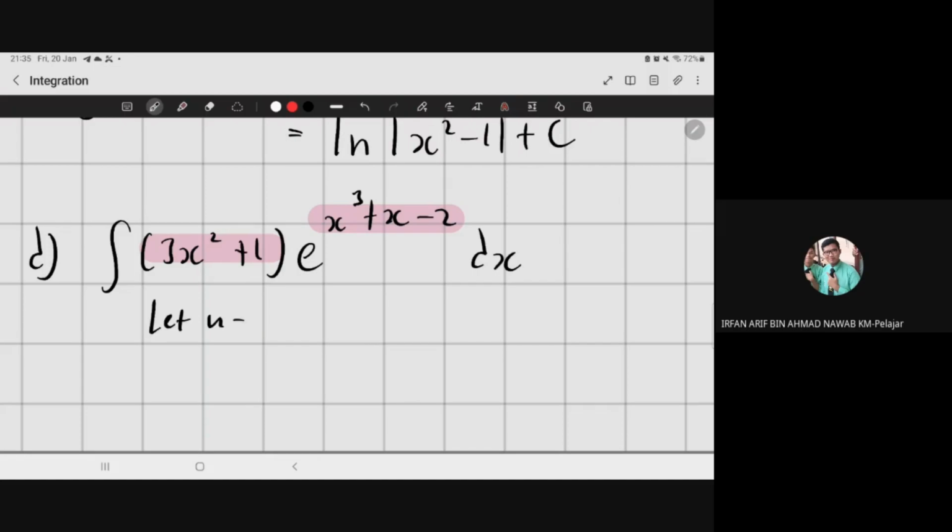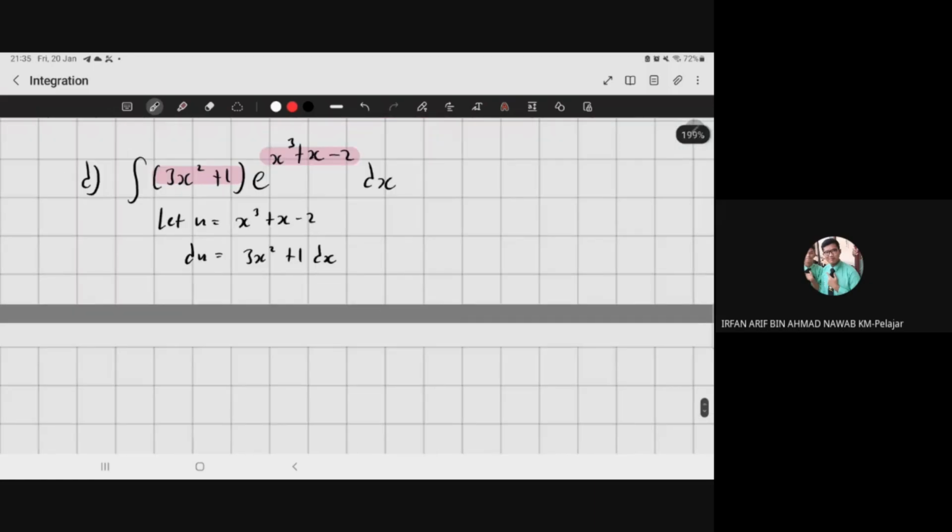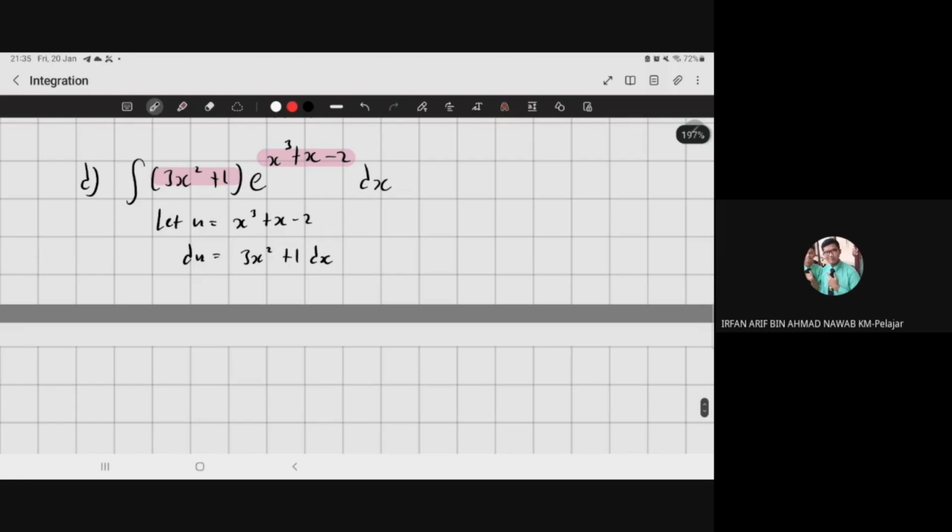Let u is equal to x cubed plus x minus 2. And then as usual, you differentiate with respect to x, du is equal to 3x squared plus 1 dx. When you rearrange this, we have e to the power of x cubed plus x minus 2 times 3x squared plus 1 dx.